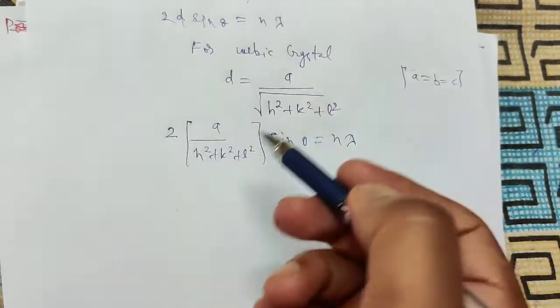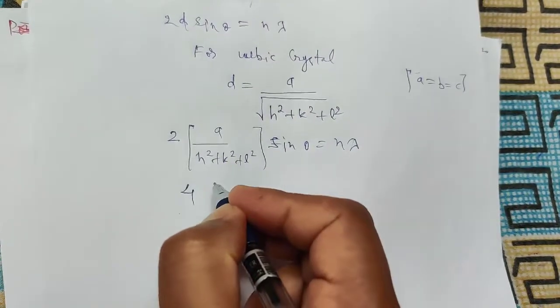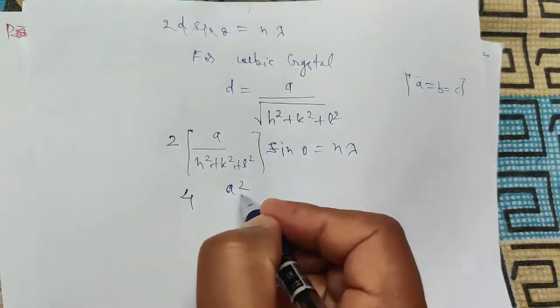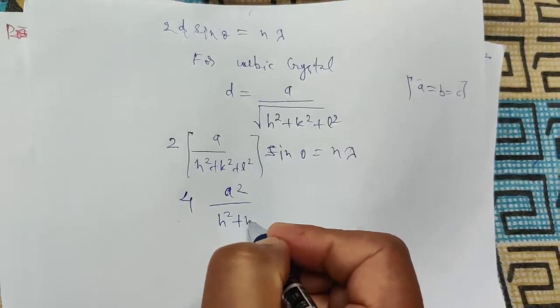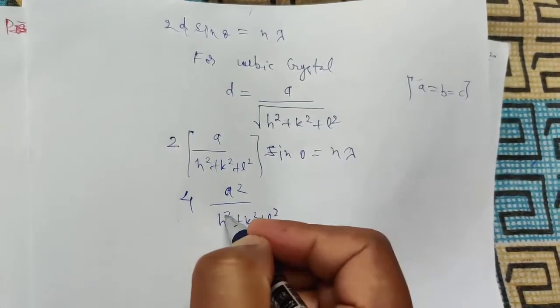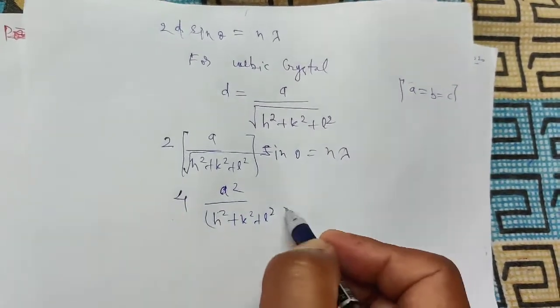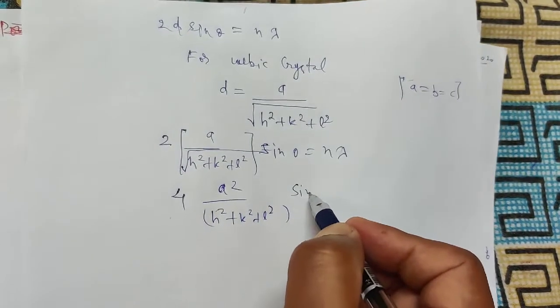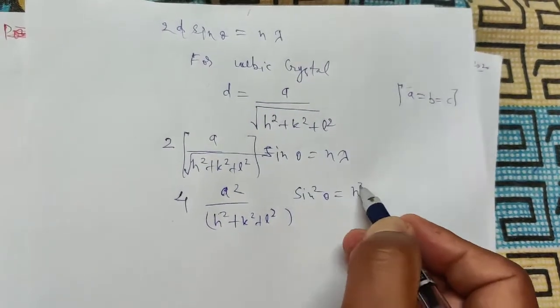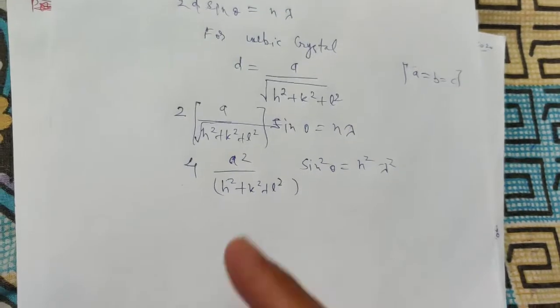Squaring this equation, the root will be gone, and this will be sine square theta.